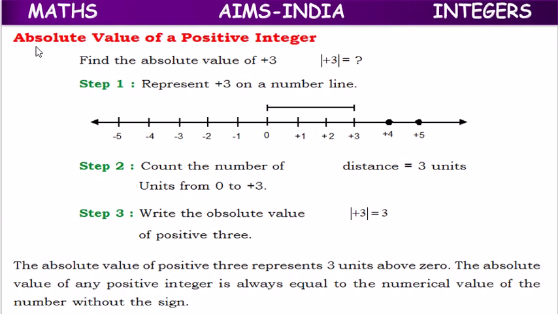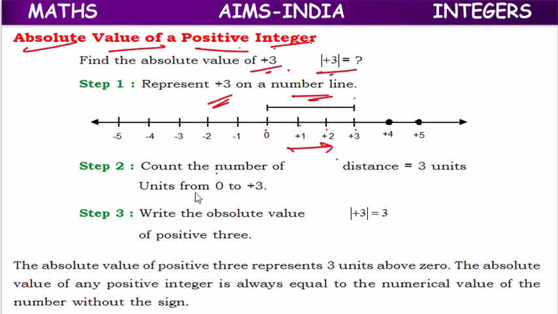Next, the absolute value of a positive integer, like plus 3. If you want to find the modulus value of plus 3, let's represent plus 3 on the number line. Plus 3 should be written on the right hand side of 0. 1 unit, 2 units, 3 units.